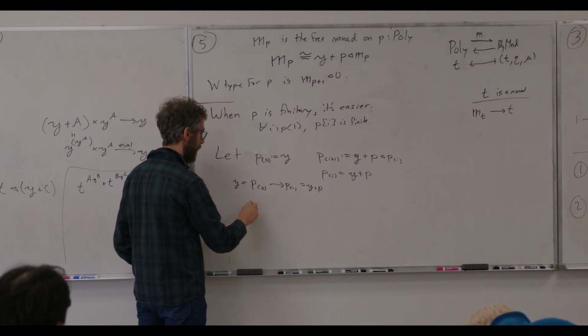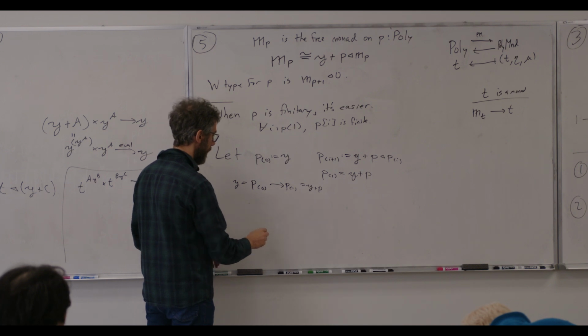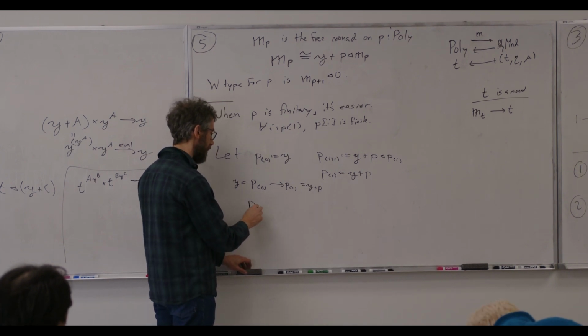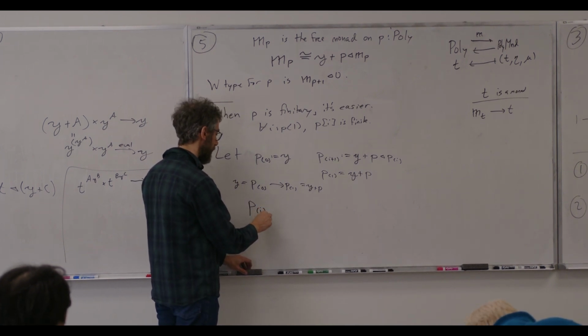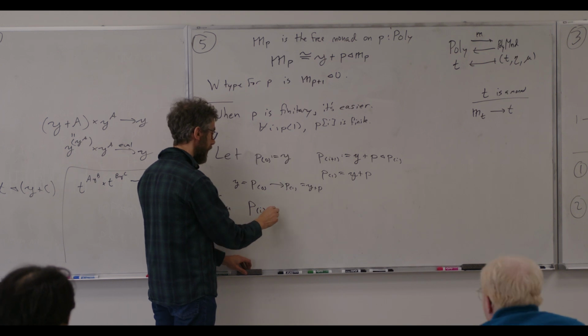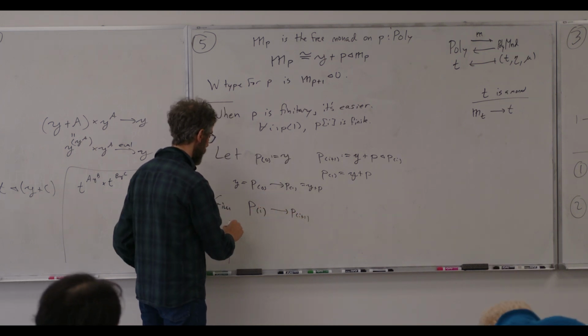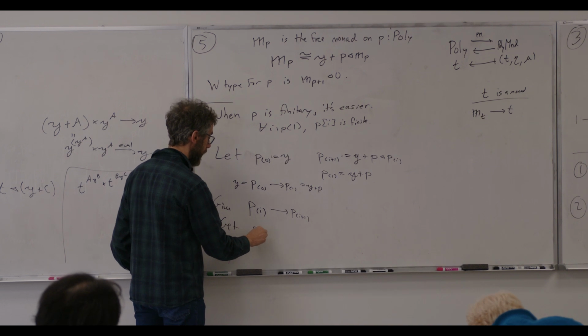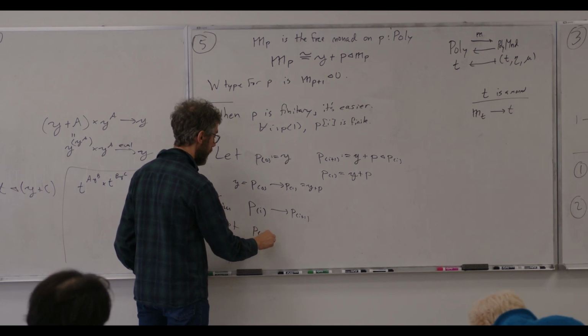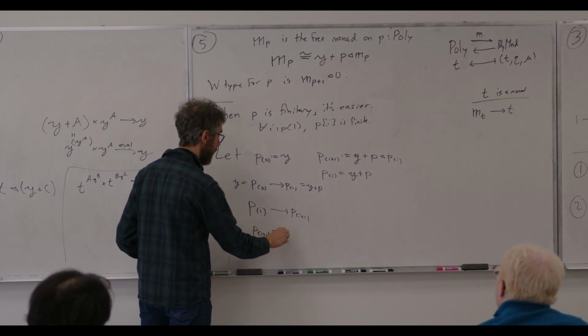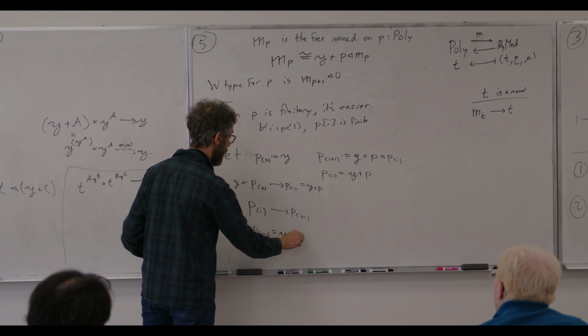And then, maybe this is a bad idea, oh well, I'm in it, I guess. Given Pi to Pi plus 1, like the one we just have, we get Pi plus 1, which is y plus P composed.